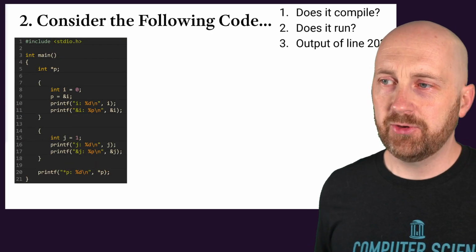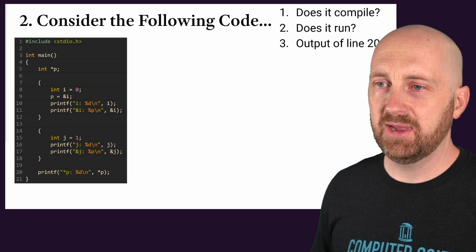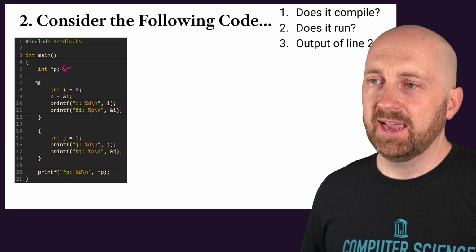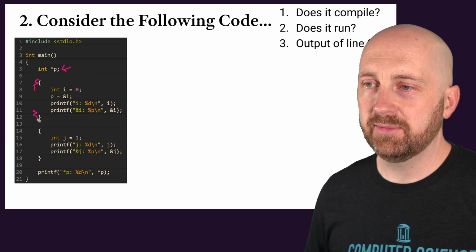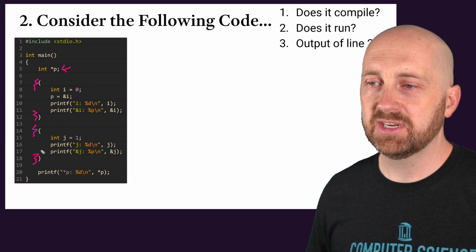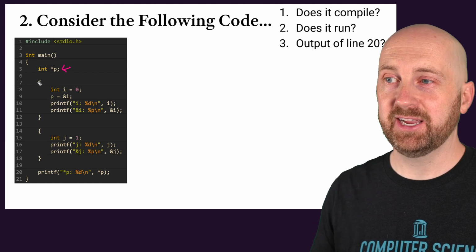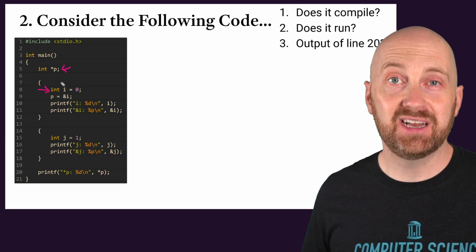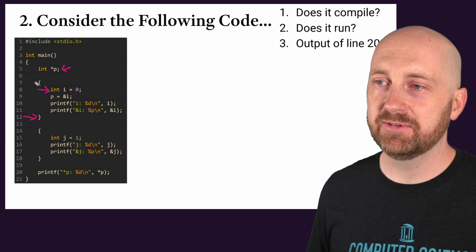All right. So we've got a pointer that's declared at the top level of the main function, and its name is p, right? And then notice we've got these blocks established. And remember, the important thing about these blocks is any variables declared inside of a block are scoped within that block explicitly, right? So the scope of this variable i and the memory that it's associated with begins on line 7 and ends on line 12, right?